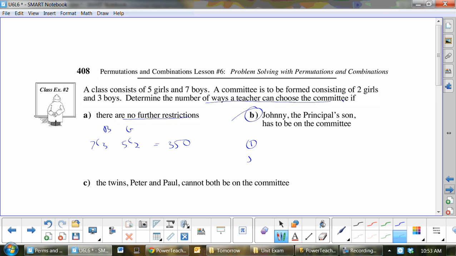So we got 1 Johnny. And let's pick the rest of it. So we got boys, we're saying 6 choose 2. And the girls, 5 choose 2. So it's 150 different ways.